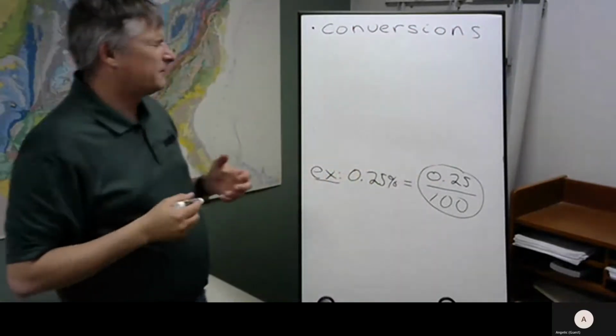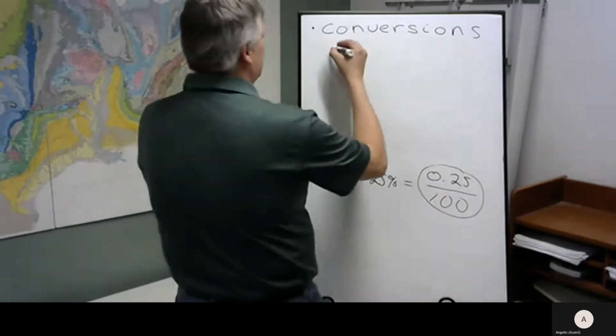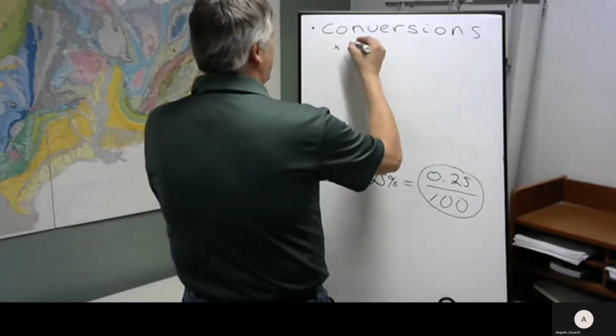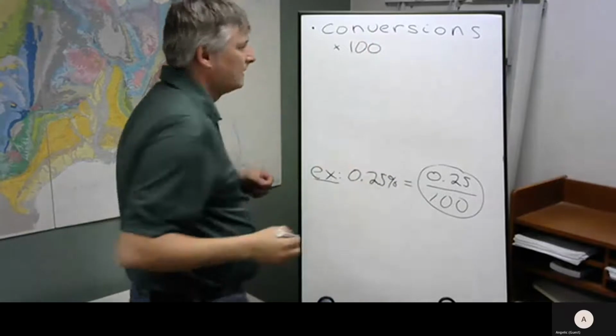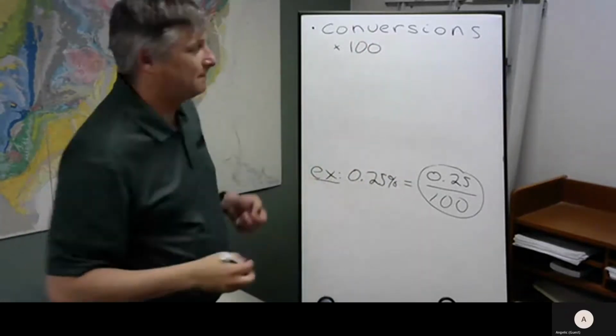So to do conversions, we're going to bring in a couple ideas. Times 100. This moves your decimal point 2 spaces to the right.